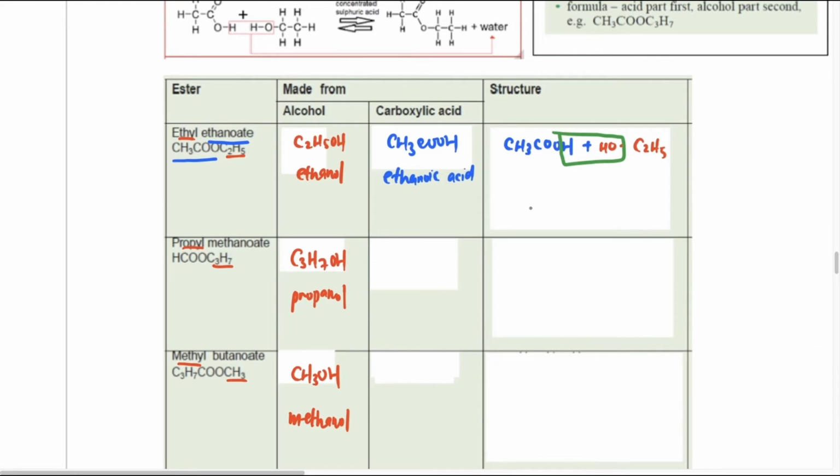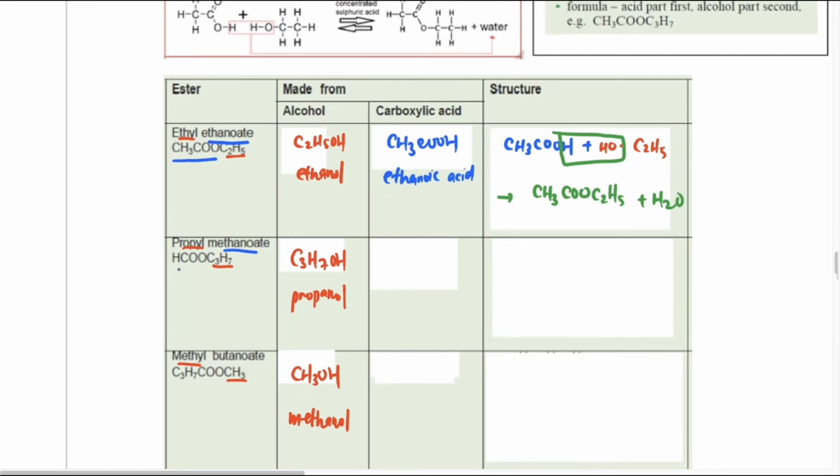And then they form the product, which is CH3COOC2H5 plus H2O. Okay, so like that.